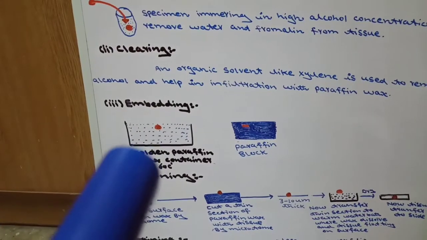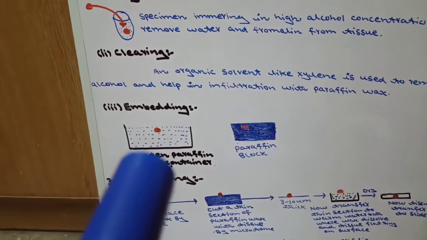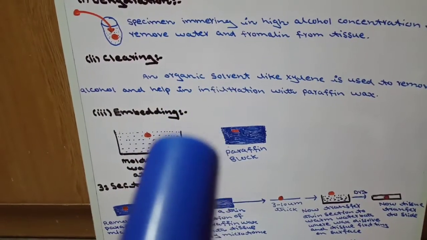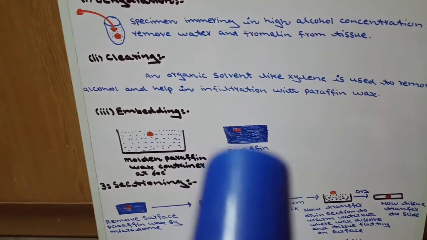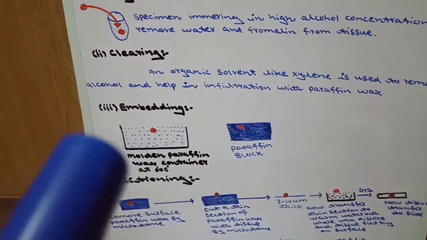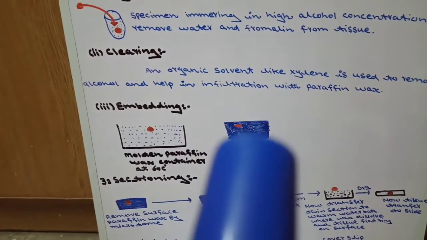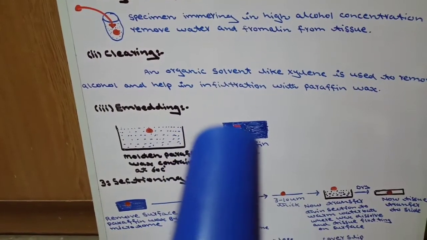After this, we place this container into a refrigerator where a cubical shaped paraffin block is formed due to the solidifying of molten paraffin wax, and inside this block there will be a tissue specimen.